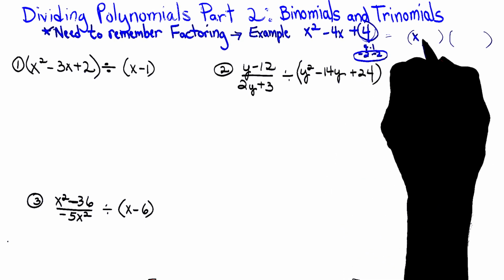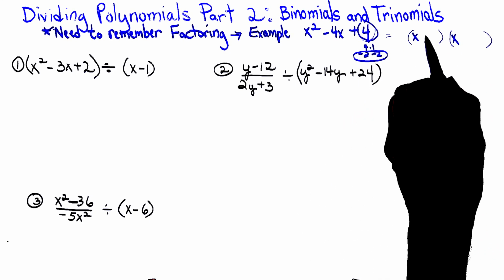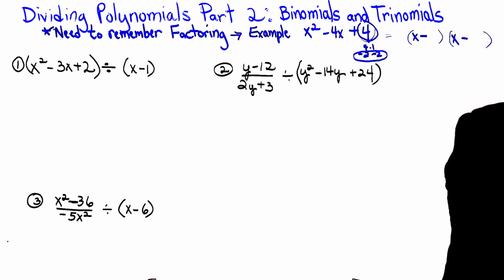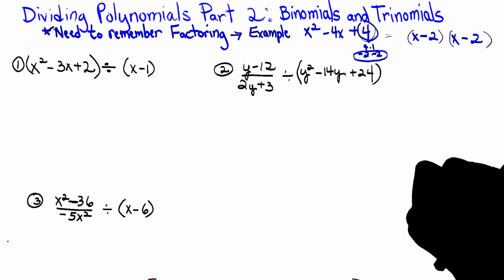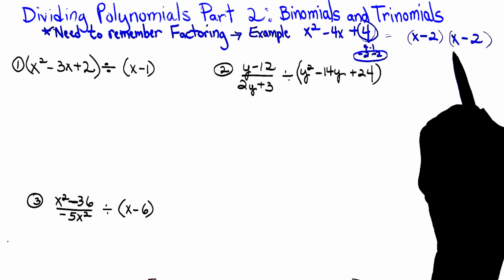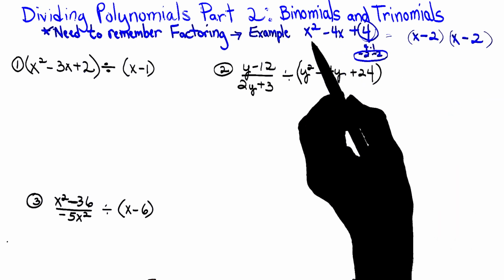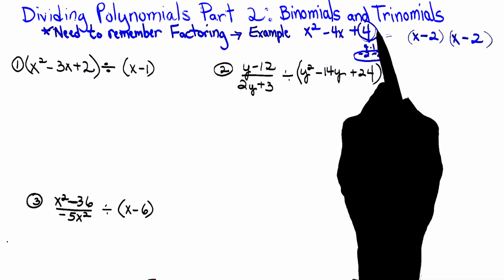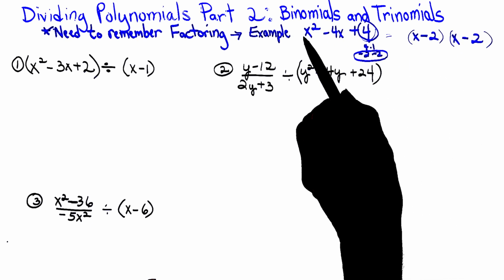So remember, we put our x's there. And now for our sign, since they're both going to be negative, we're going to put our subtraction sign. And we said it was 2's. So let's check our work to make sure this would be the answer if I were factoring x squared minus 4x plus 4. So x times x, using the FOIL method, is x squared.